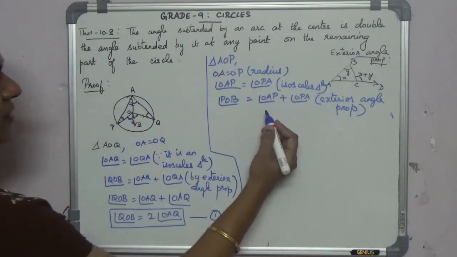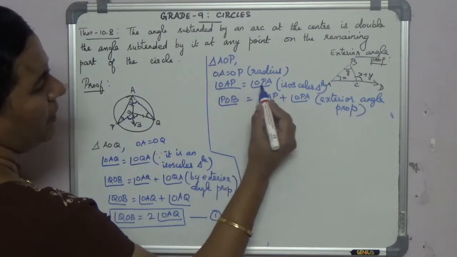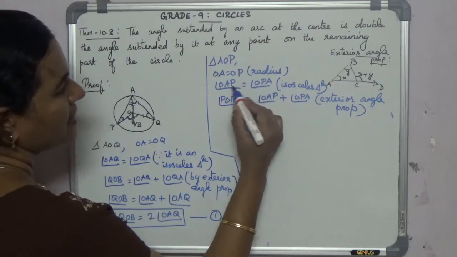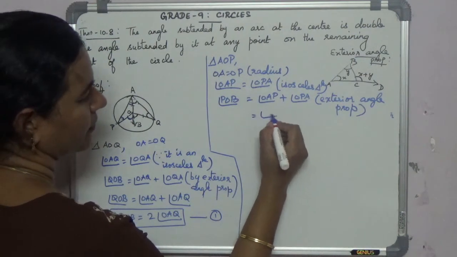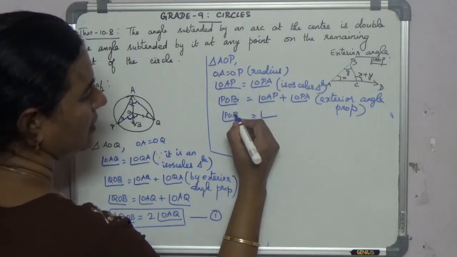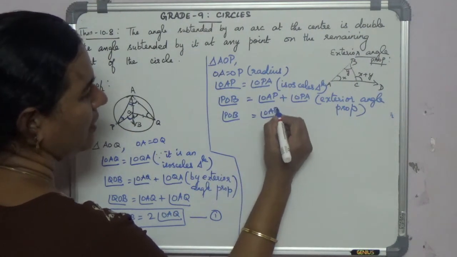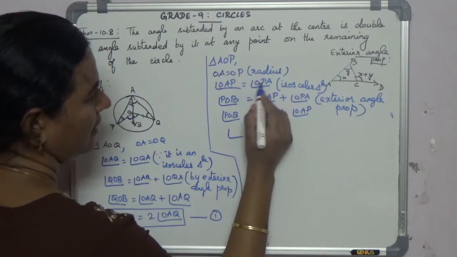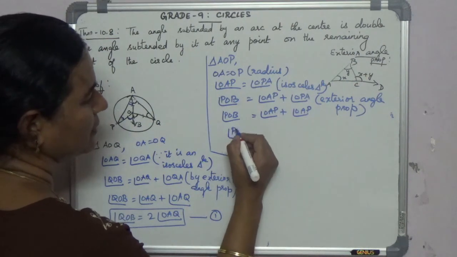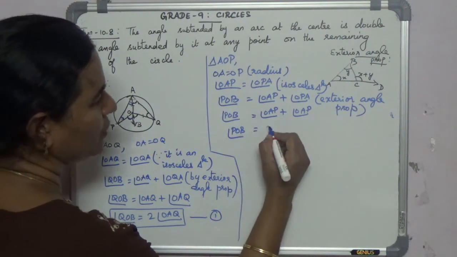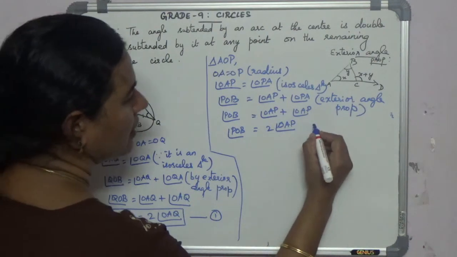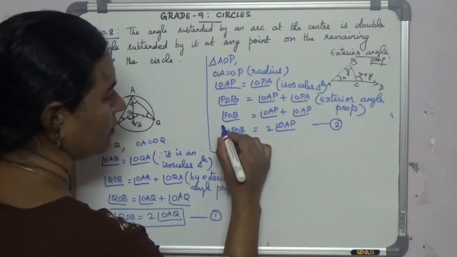We are making use of this property. Now, angle OAP and angle OPA are equal. So, in the place of angle OPA, substitute this. Angle POB is equal to angle OAP plus angle OAP. Because they are equal, already we have proved here, and so we are substituting. So, angle POB is equal to 2 into angle OAP. This is equation number 2.